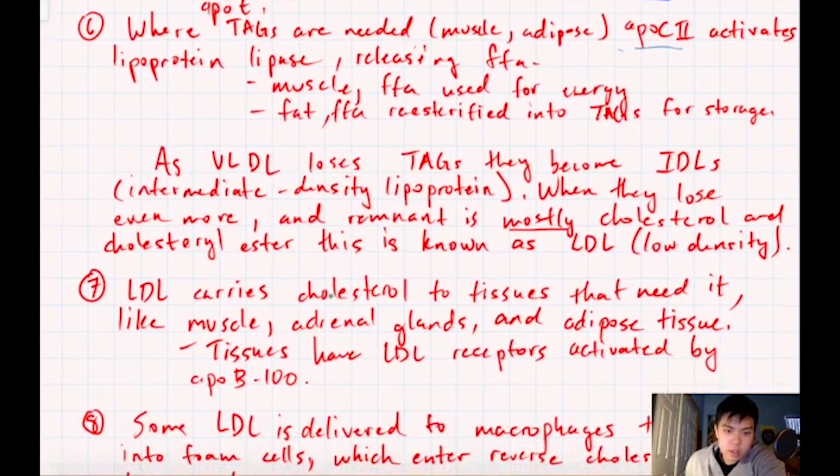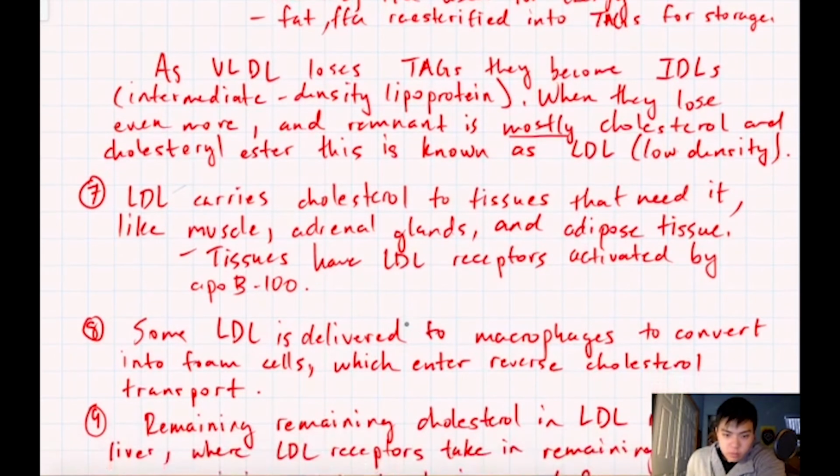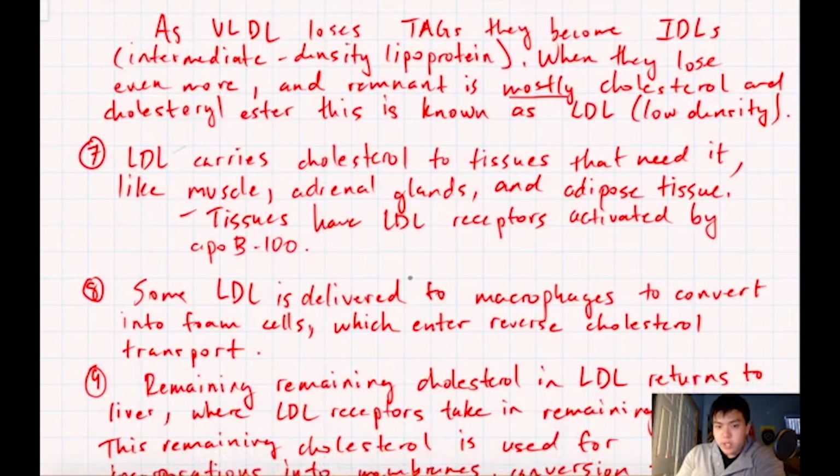Okay, so now we have an LDL as opposed to VLDL, so not a very low but a low density lipoprotein, and it's going to carry cholesterol to tissues that need it. So like muscle or adrenal glands or adipose tissue. And the way it does this is, your cells that need this cholesterol, they're going to form a bunch of receptors, and these specific LDL receptors are activated by ApoB100.